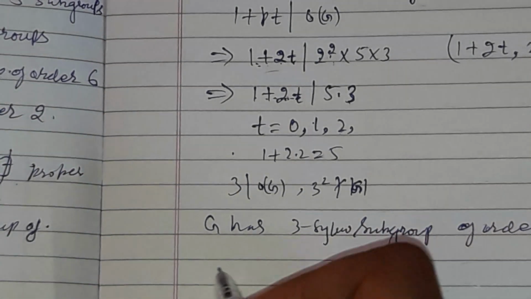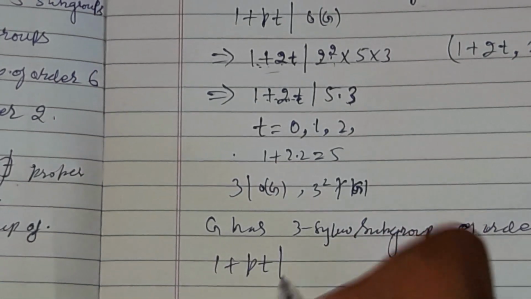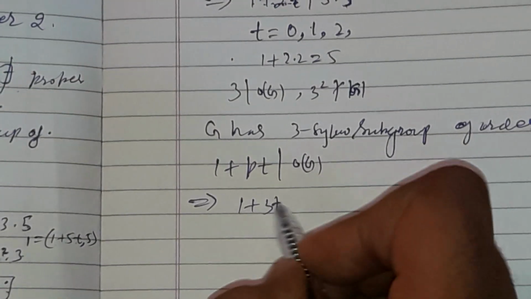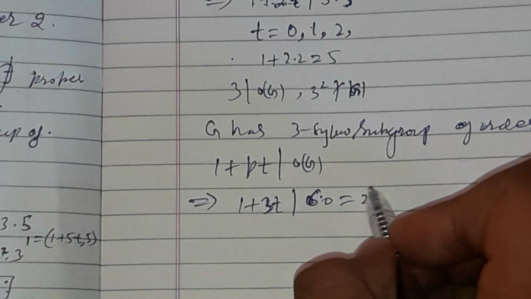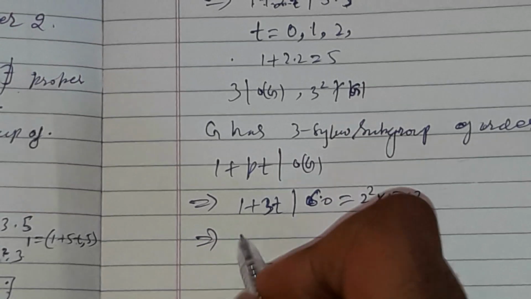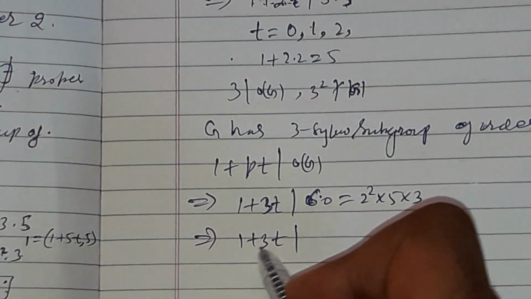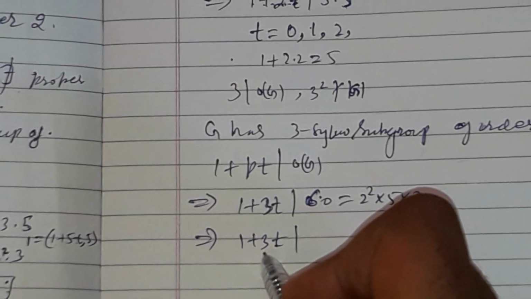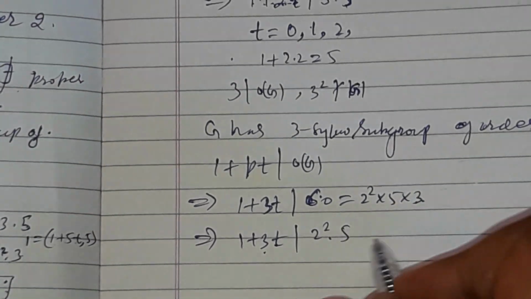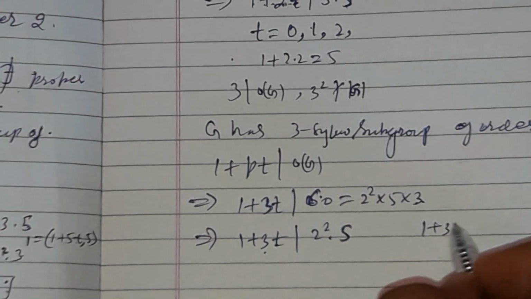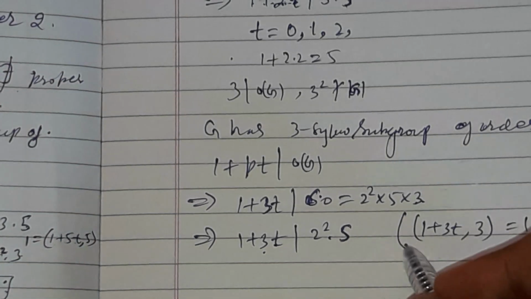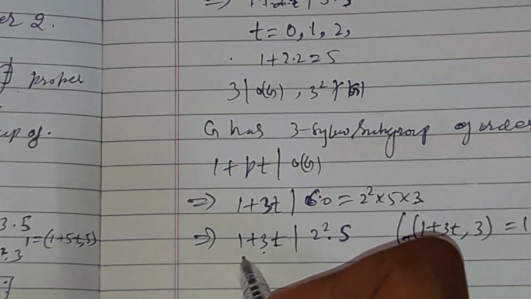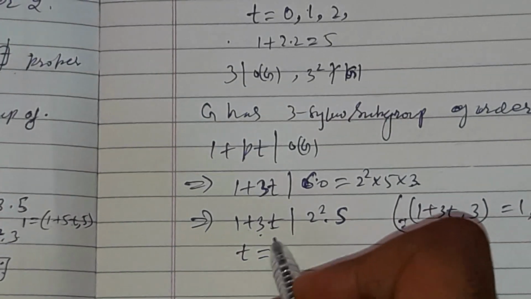By Sylow's third theorem, 1 plus 3t divides the order of G, which is 60. Since 3t becomes coprime with 3, what is left is 2 to power 2 times 5, that is 20. The possible values for t are 0 and 1.